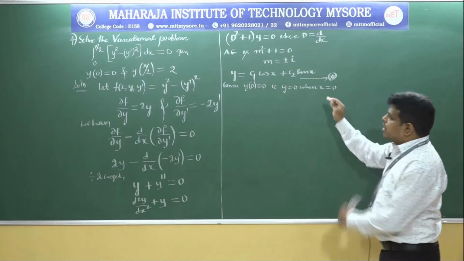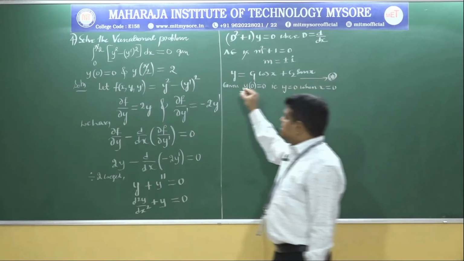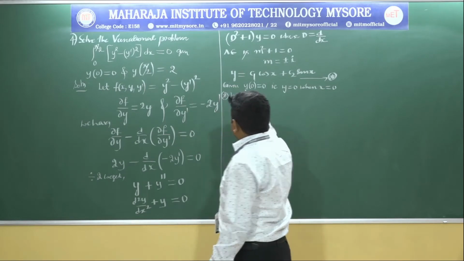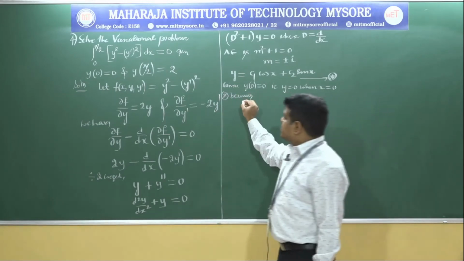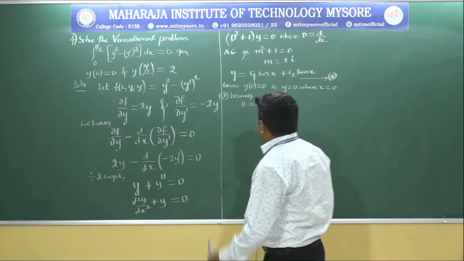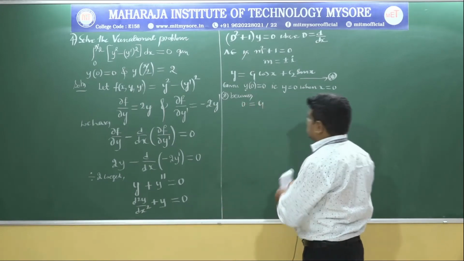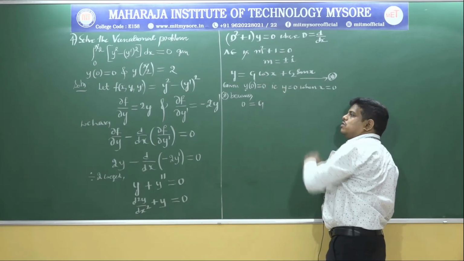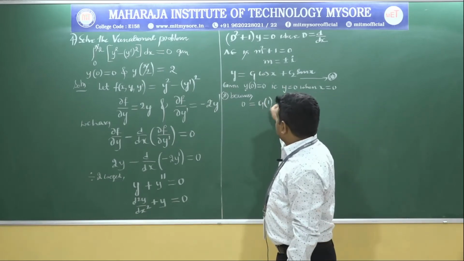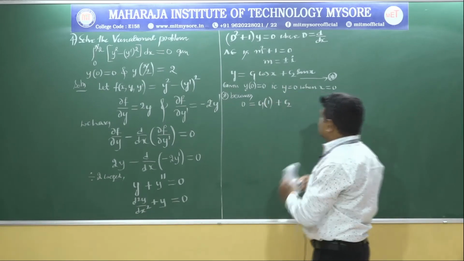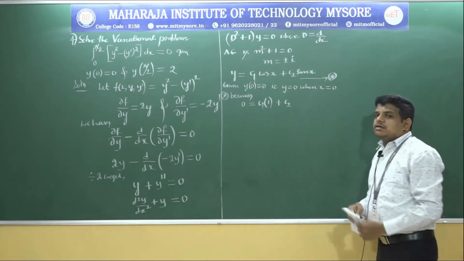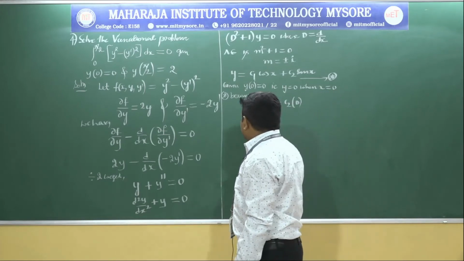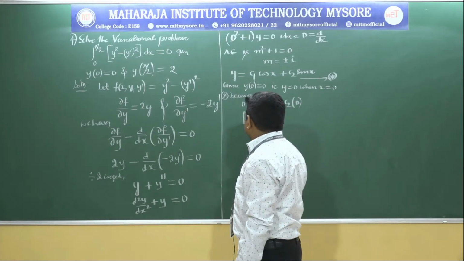Substituting these values of x and y in equation star, the left hand side becomes 0, which equals c1 cos x. When x equals 0, the cos 0 value is 1. Next, plus c2 into sin 0, and the sin 0 value is 0, as you already know. Therefore, we end up with c1 equals 0.